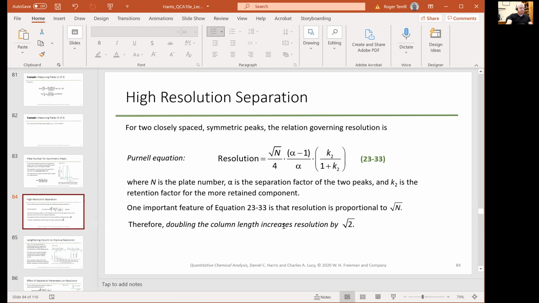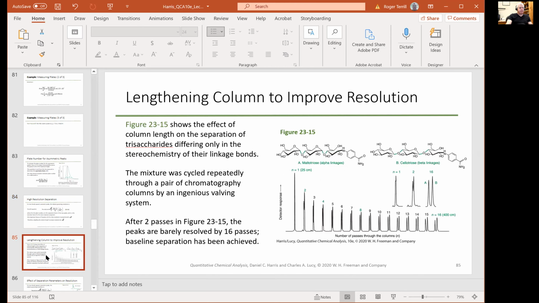It's proportional to the square root of N. So let's look at what alpha means here. So this is kind of cool, huh? Check this out.